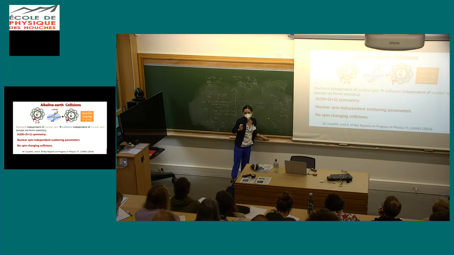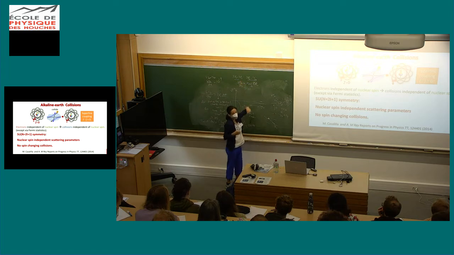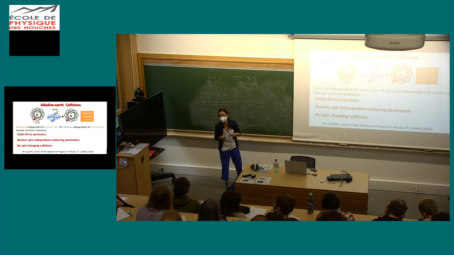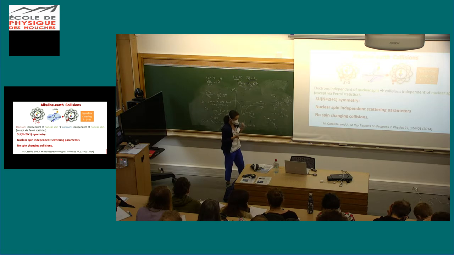So one bad part is that, unfortunately, collisions between 3P0, 3P0 are lossy. So when we have this type of collisions, they are so energetic that we lose the atoms after some time. That's the only bad, disappointing part of these collisions that we are not happy with. But I can tell you how we solve the problem.